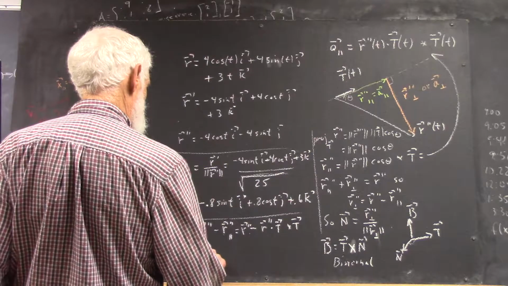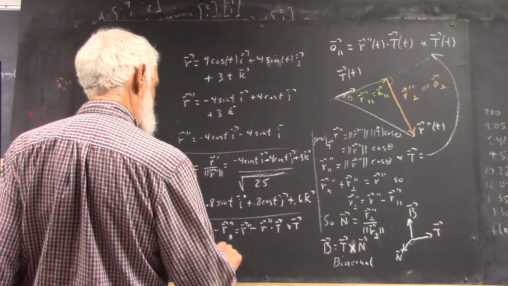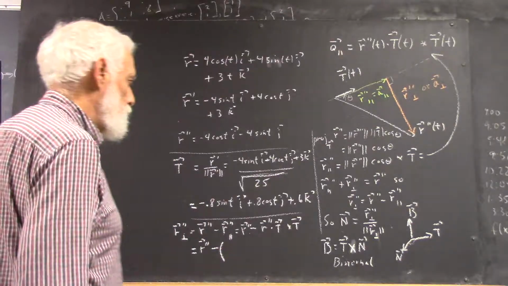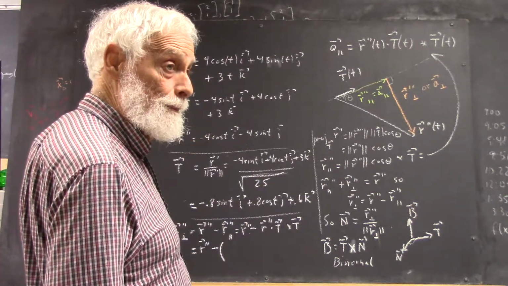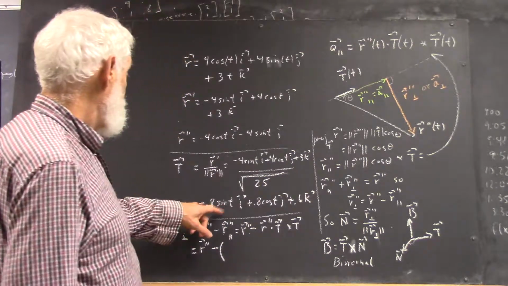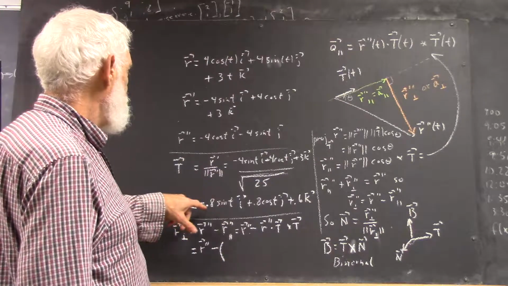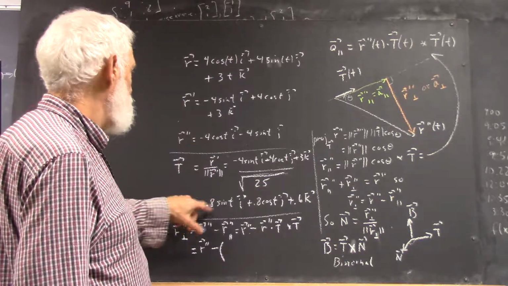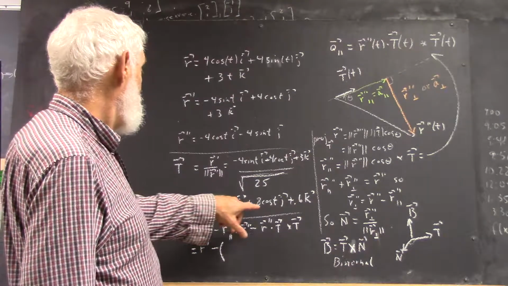So I'm not going to write it out yet. But I will write out R double prime dot your unit tangent vector, right? Well, there's your unit tangent vector, there's your R double prime. It's going to be 0.8 cosine t sine t. Uh-oh.